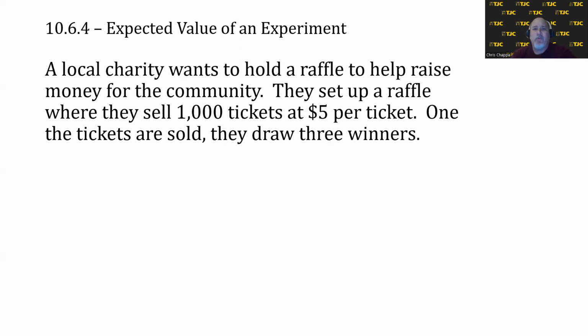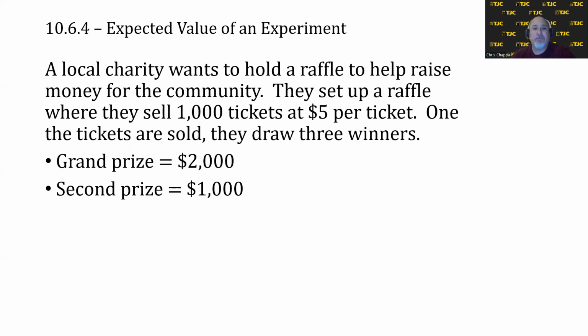A local charity wants to hold a raffle to help raise money for the community. They set up a raffle where they sell 1,000 tickets at $5 per ticket. Once the tickets are sold, they draw 3 winners. The grand prize winner gets $2,000.